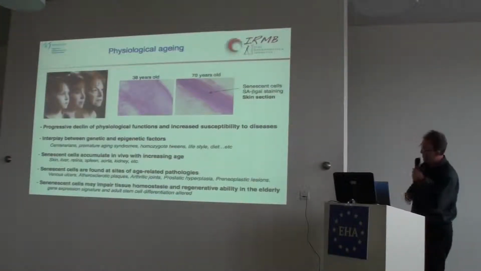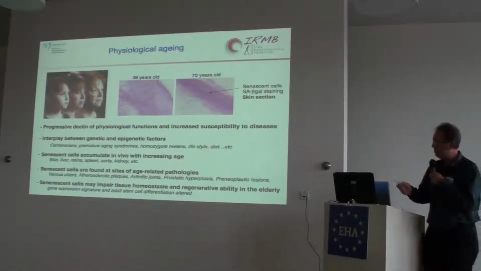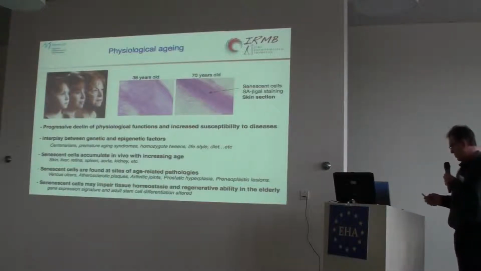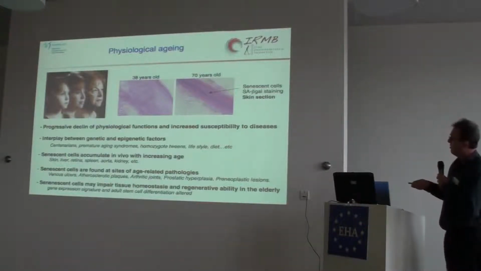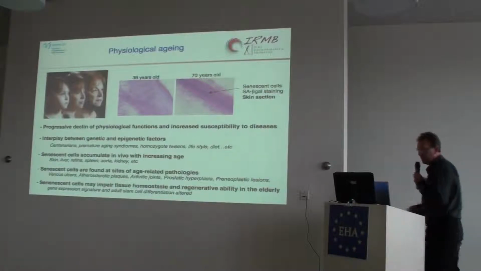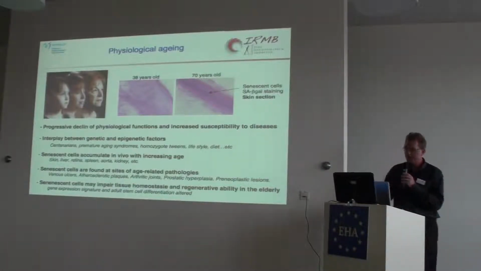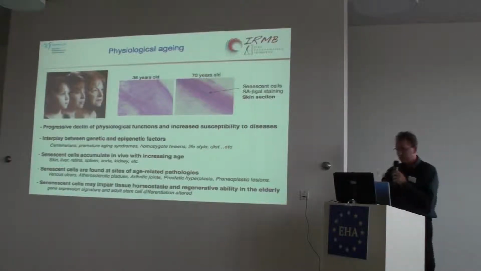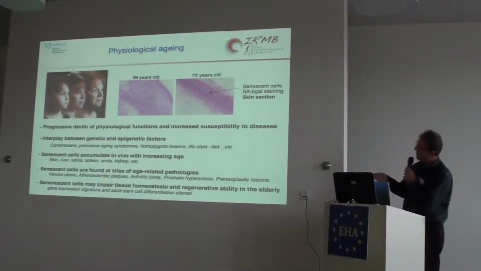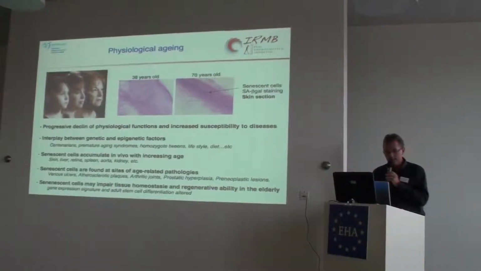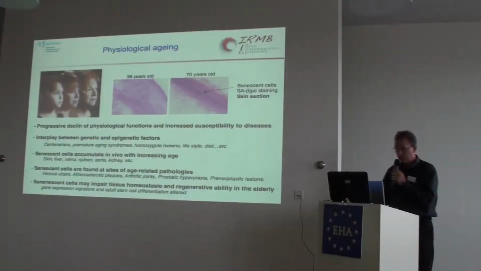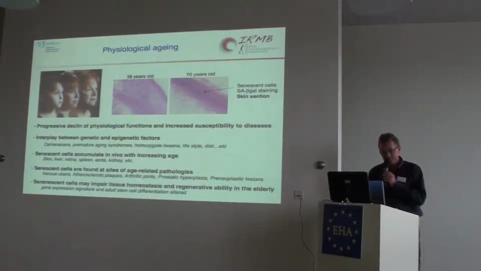Just to remind you that with age, we have an accumulation of senescent cells, as presented yesterday in our tissue, not only in skin sections, as presented by Sabatagala and Tuesday staining, but also in many different tissues, and often associated to age-related pathologies.